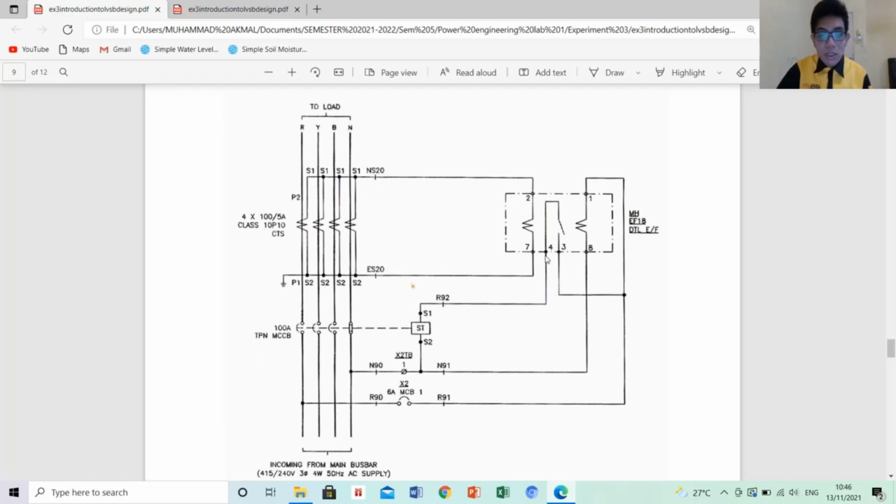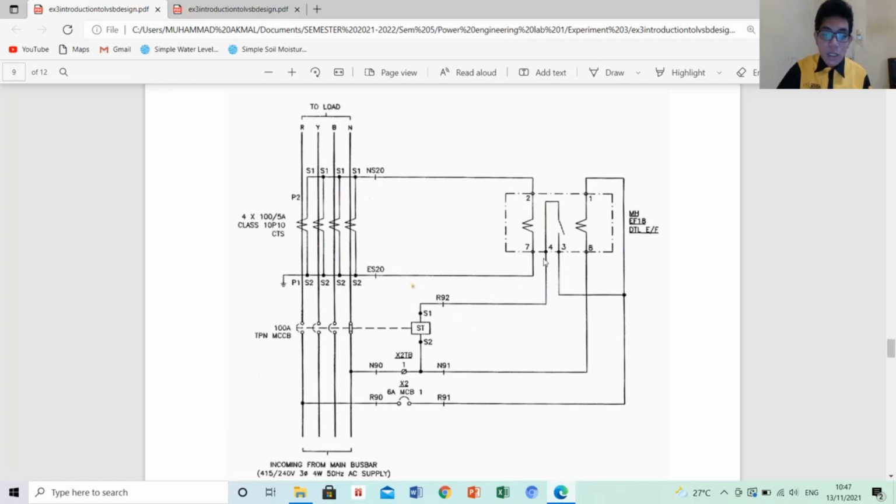Label number 3 and 4 are connected to the coil in the earth fault relay to give the signal to the earth fault relay. As you can see, the wire label number 3 is connected to the wire label number 1, which is the red wire, and number 4 is connected to the neutral one.